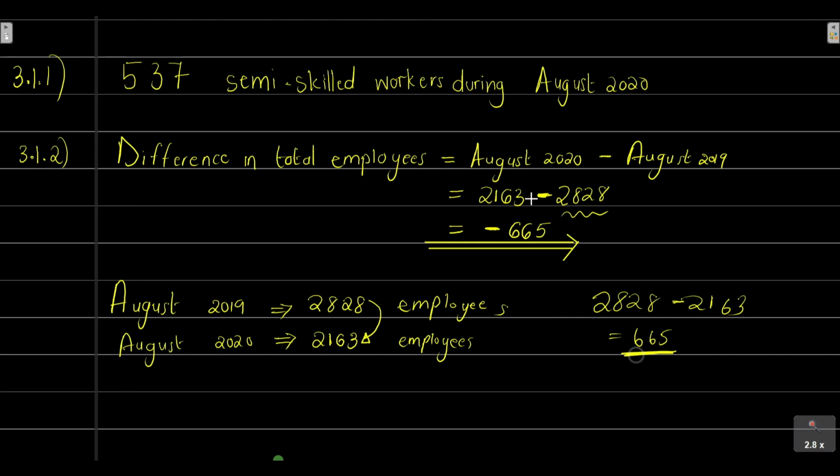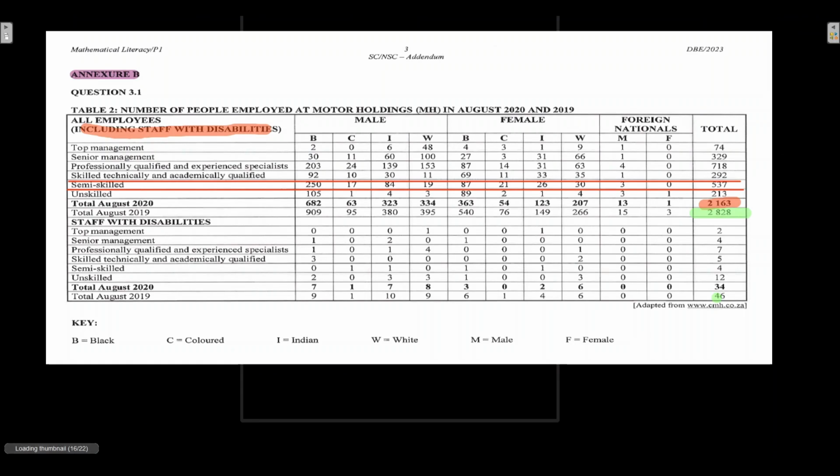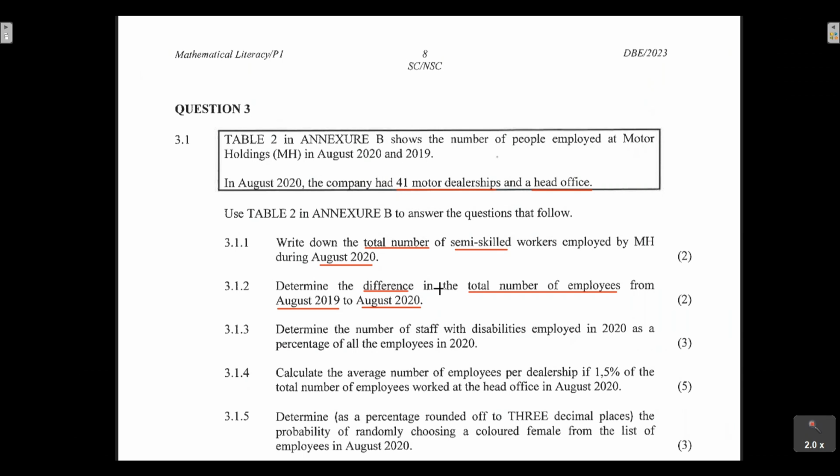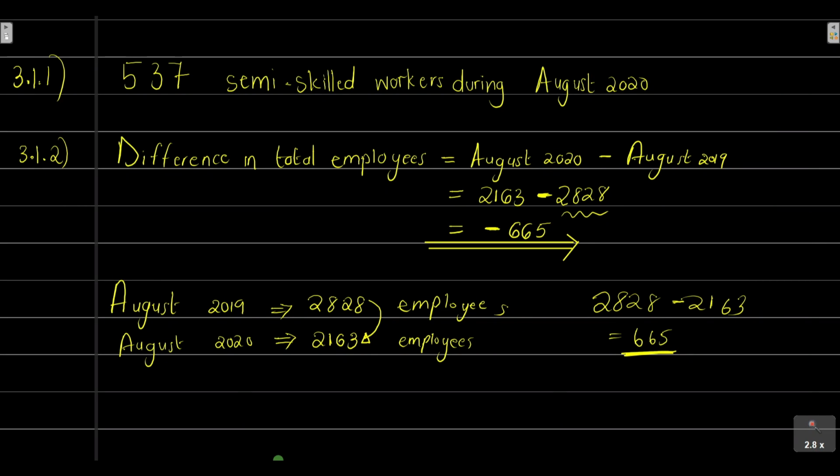But the question is asking what is the difference in the total number of employees? Note that this 665 doesn't mean that the employees increased by 665. They actually decreased.